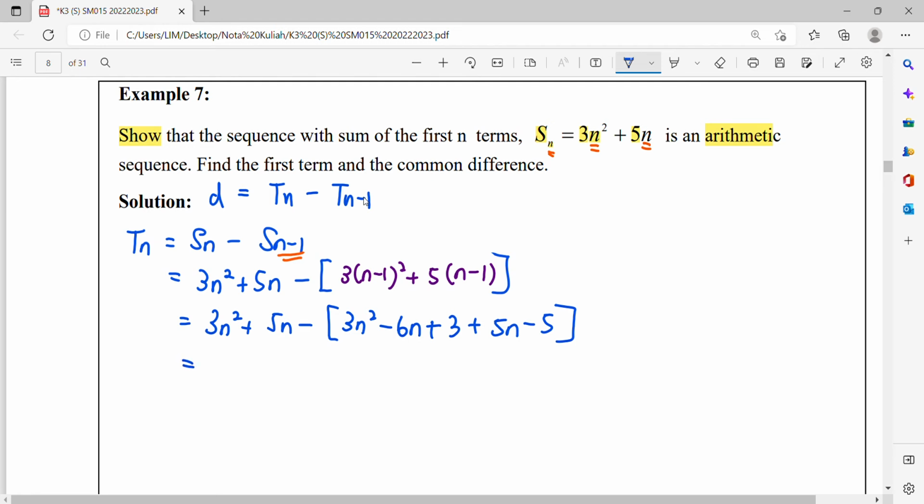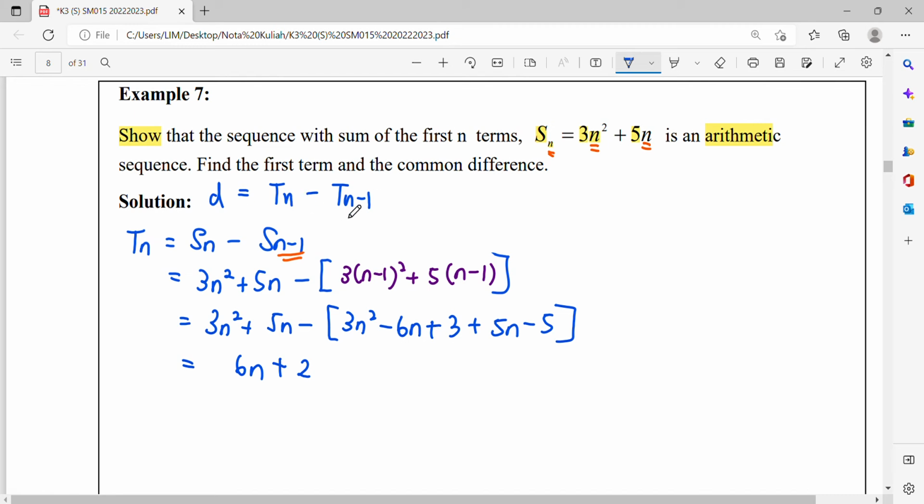Then we notice that when we expand this bracket, 3n squared minus 3n squared finishes. Then 5n minus 5n, we have a negative 6n here. And then the negative 3 becomes positive, then 3 minus 5 is negative 2, and up here the negative becomes positive 2. So we get our nth term already: Tn equals 6n plus 2.